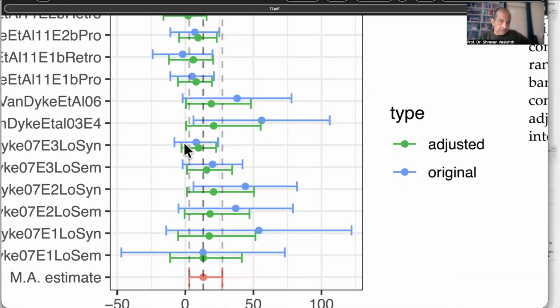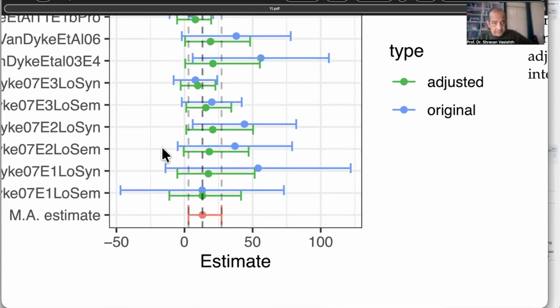Here, I've got the estimate from the published study, and this is the posterior on the zeta sub n for that study, right? And you can see that it's slightly shifted closer to the overall meta-analysis estimate. Not much. But by contrast here, if you look at this study with a much wider confidence interval, the posterior is shifted much more closer to the meta-analysis estimate, right? So that's shrinkage in action, okay?